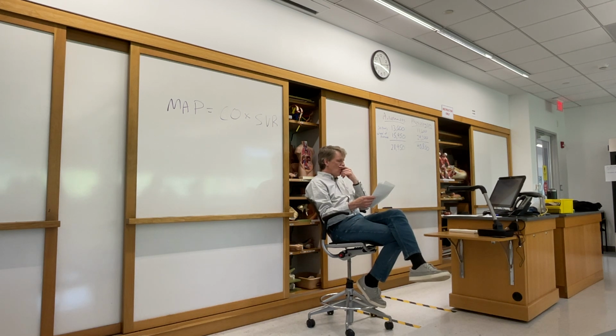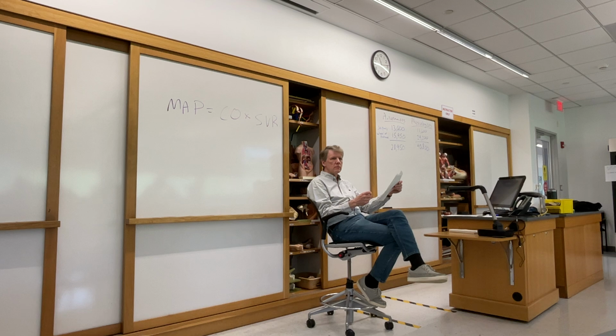Matching category with choices: increases blood pressure, decreases blood pressure. Let me throw some random things out, and you tell me whether you think this would make the blood pressure go up or go down. Aldosterone. What's the correct answer? Up. So aldosterone will make your blood pressure go up. Atrial natriuretic peptide. That'll make your blood pressure go down.